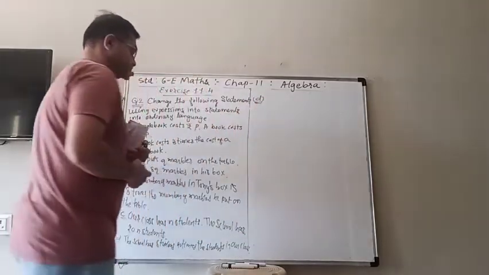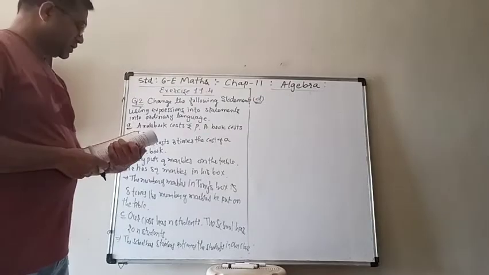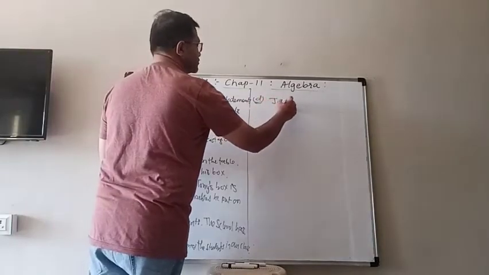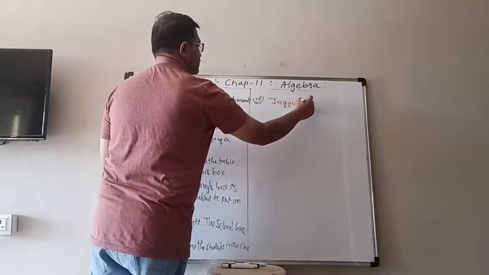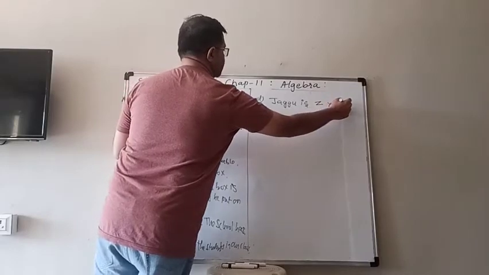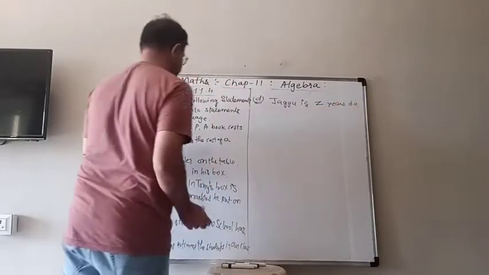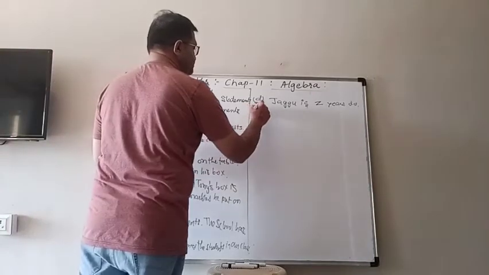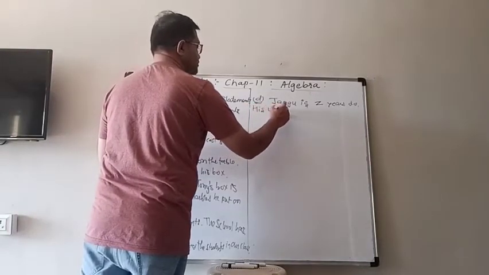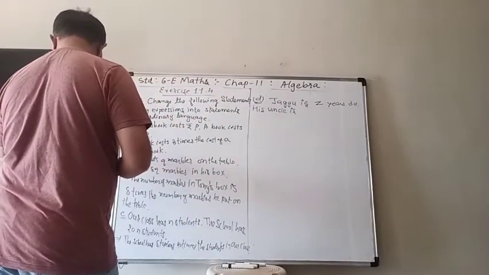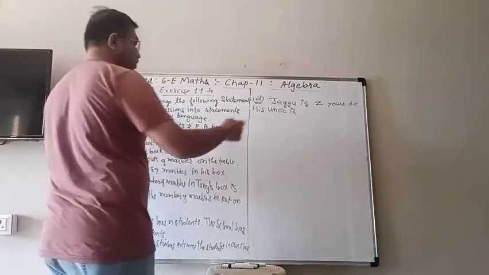Next, D. Jaggu is Z years old. His uncle is 4Z years old.